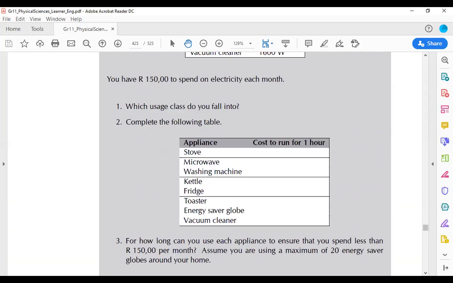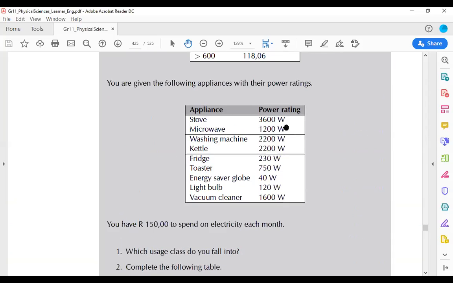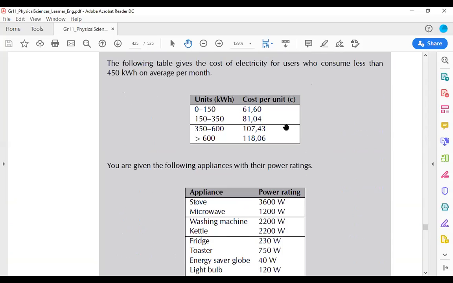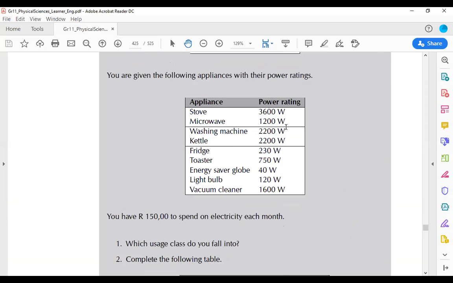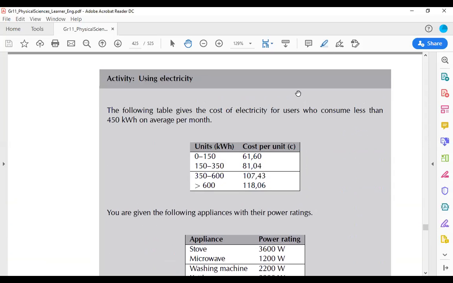So when you complete the following, you will basically use your 150 kilowatts. Which usage does your class fall under? You will fall under this first unit, the 0 to 150.